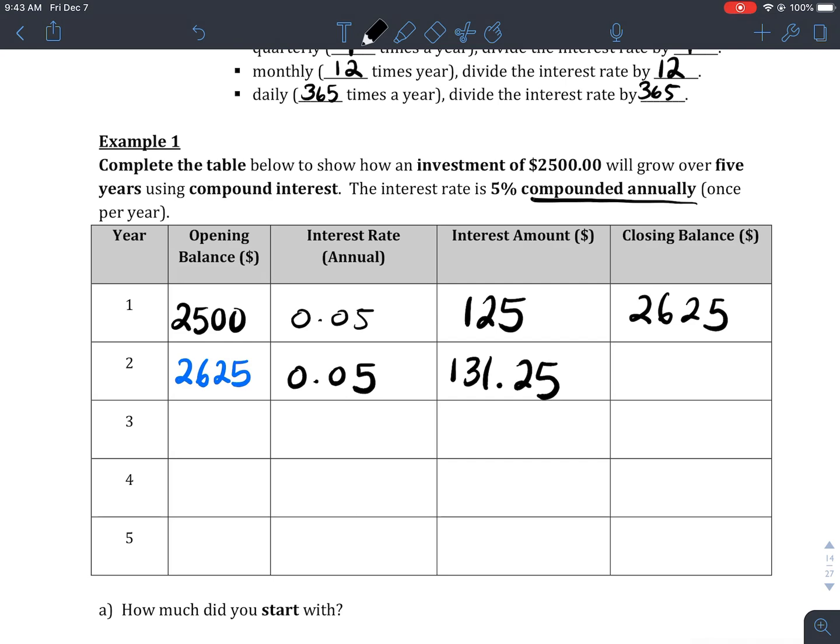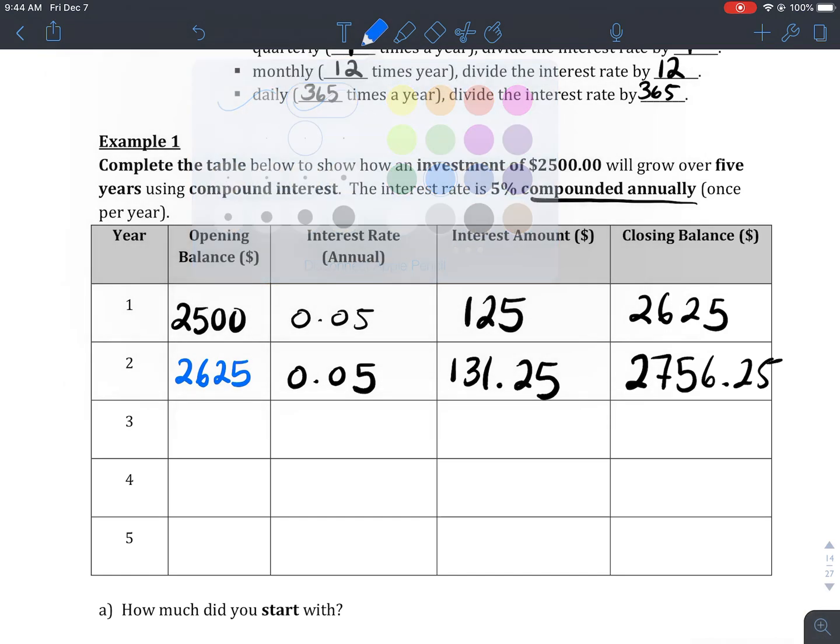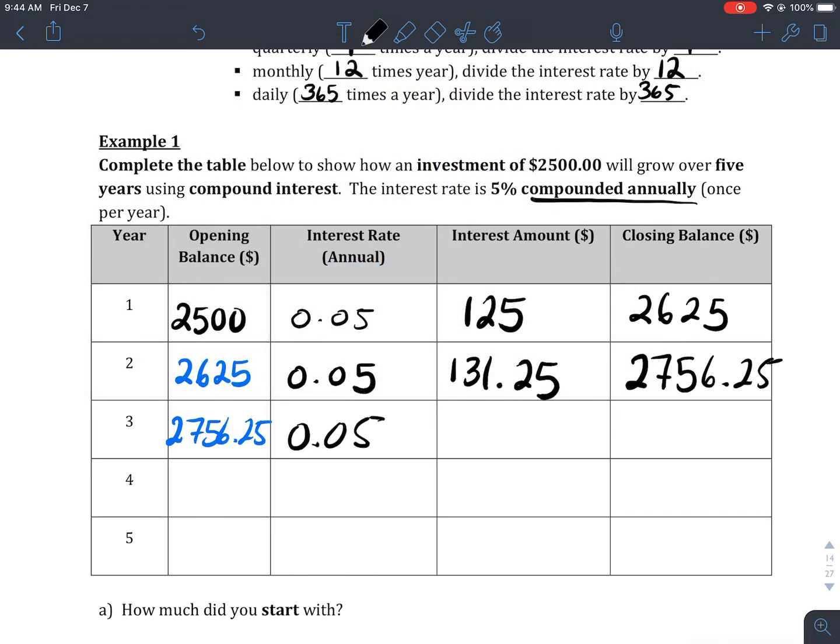And your closing balance will be what you started with, so 2,625 this time, plus 131.25, and you end up closing year 2 with $2,756.25. So if you compare that to your year 2 balance from simple interest, it's going to be larger. And we are going to continue this pattern until we get to the end of the table.